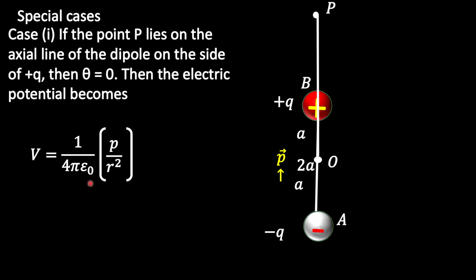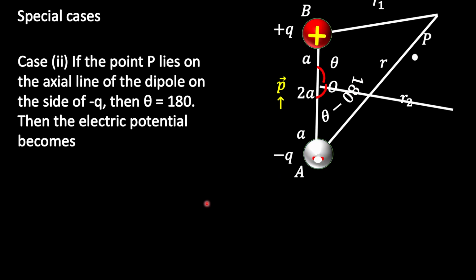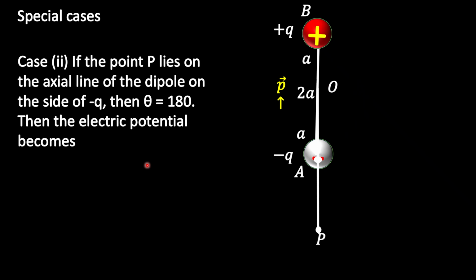Potential becomes 1 by 4 pi epsilon naught into p by r square. If theta is equal to 180 degrees, the point P lies on the axial line of the dipole on the side of the negative charge. Here cos 180 is equal to minus 1. So the potential becomes V is equal to minus 1 by 4 pi epsilon naught into p by r square.